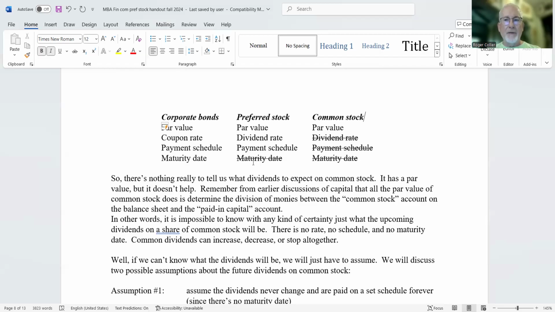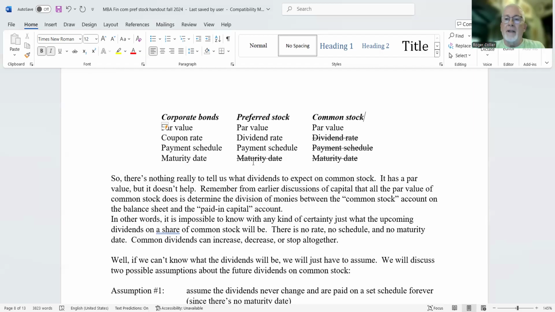So if we're going to use the discounted cash flow method, and therefore have to know the expected future cash flows, then we're going to have to make assumptions. We're going to have to assume something. If we're going to use the discounted cash flow method, then we must know the expected future cash flows.